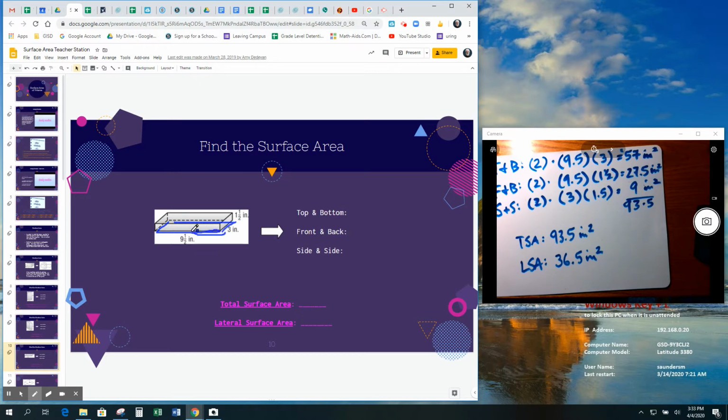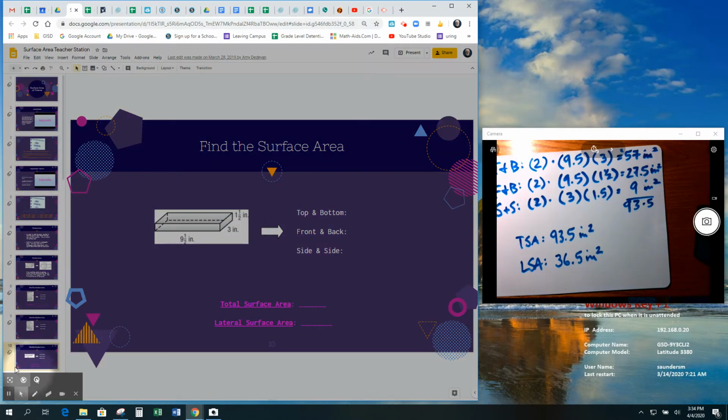So that would be the bottom, and the opposite surface would be the top, this surface up here. If you always do it that way, you'll be consistent, and you'll get the right answer every time. Let me erase this.